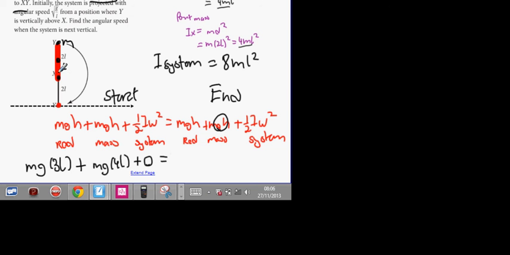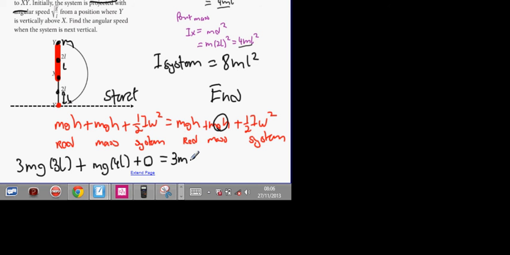Now at the end, the rod's center of gravity is located L above the ground. Yeah, L. Now, I've made one mistake here. Can you tell what the mistake is? The mass of the rod is not M, it's 3M. So just make sure that when you're doing this, you assess the mass of each individual piece, and don't make the easy mistake.